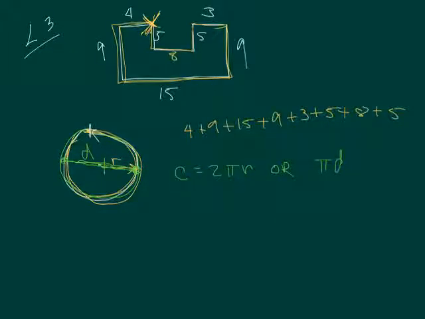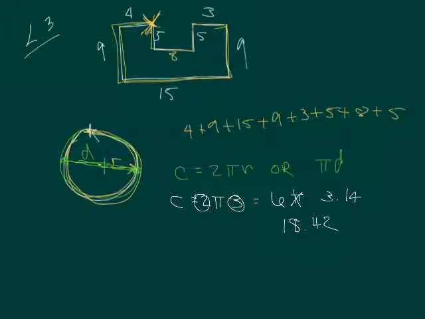So if we know the radius, so for example, if this distance from here to here was 3, then I would put 2 pi, and then for radius I would put a 3, and that would give me 2 times 3 is 6 times pi, and if you remember, pi is 3.14. I would multiply 6 times 3.14 and get 18.42.